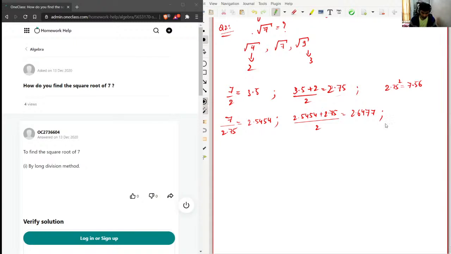Now again I'll check the square of this, so I'll square this term, and this is 7.010.